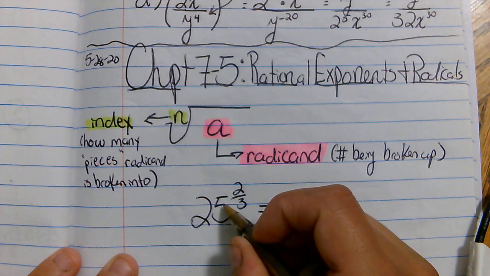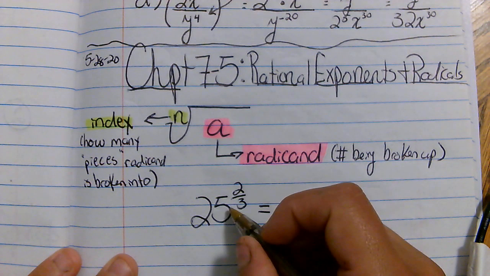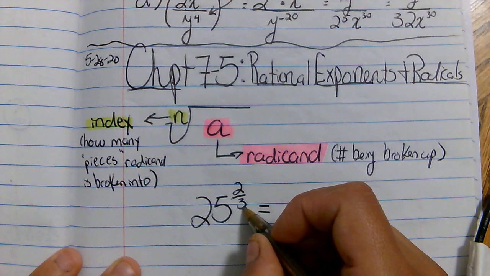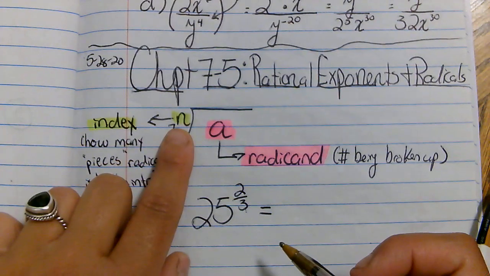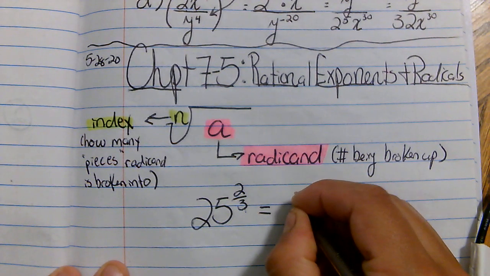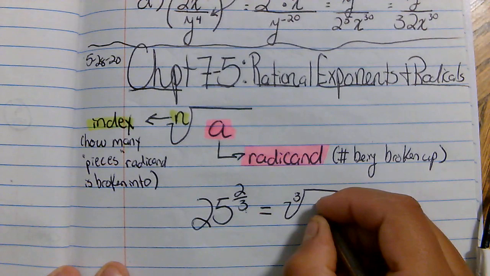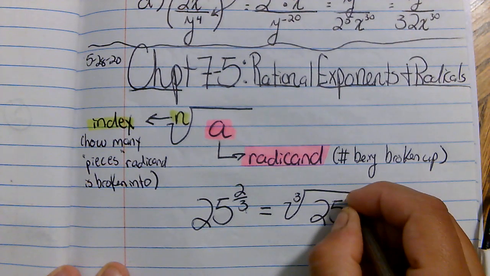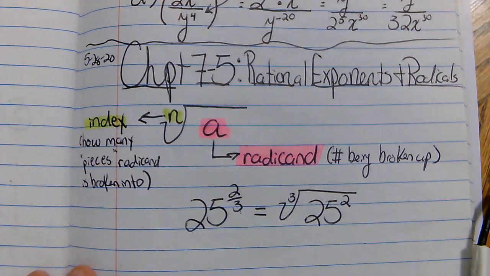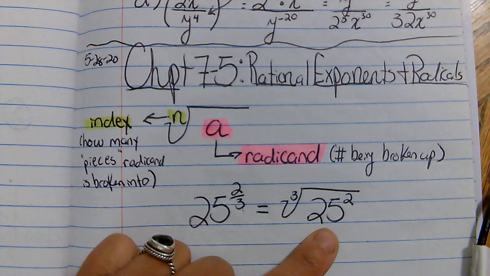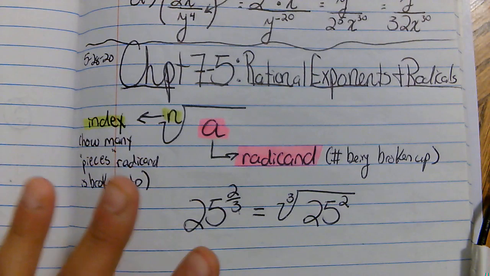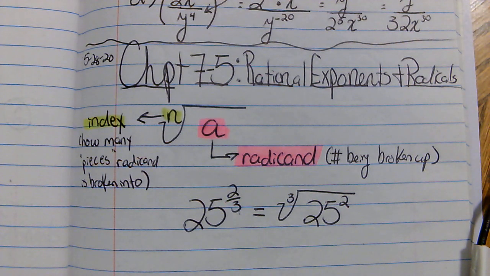The numerator stays with this guy. He stays with him, and this is how many pieces he's being broken into. So the denominator is our index. So this would be the 3rd root of 25 squared. Now I could go ahead and write out what 25 squared would be, but I just want to leave it like that so you can see where everything is going. So I'm actually going to highlight these.